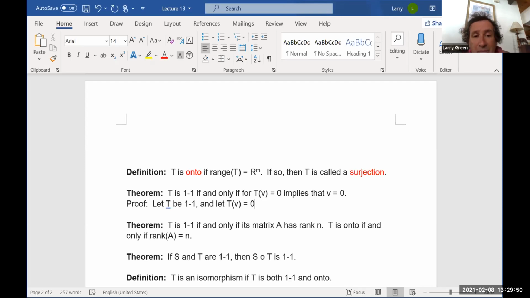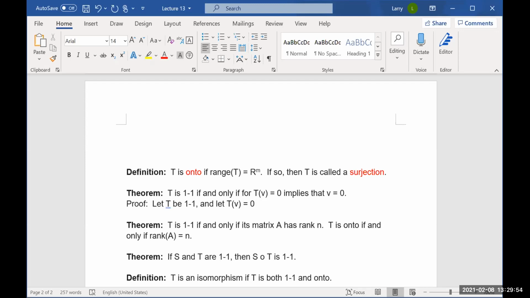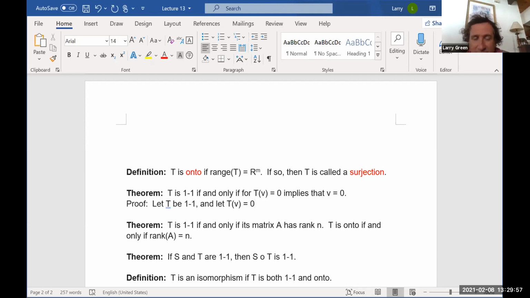What are we trying to show? That V is equal to 0. Yeah, we want to show V is equal to 0. How do we prove that V is equal to 0?